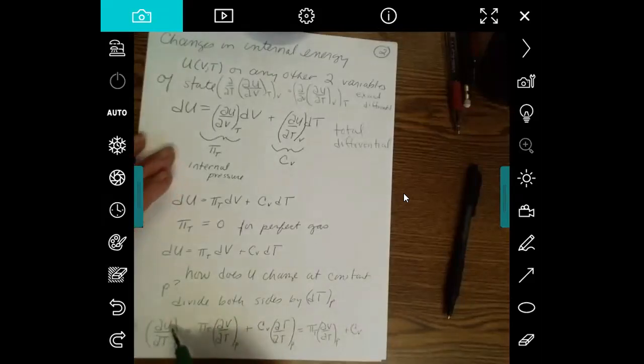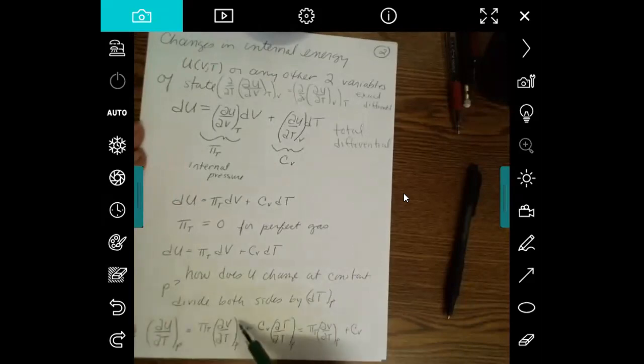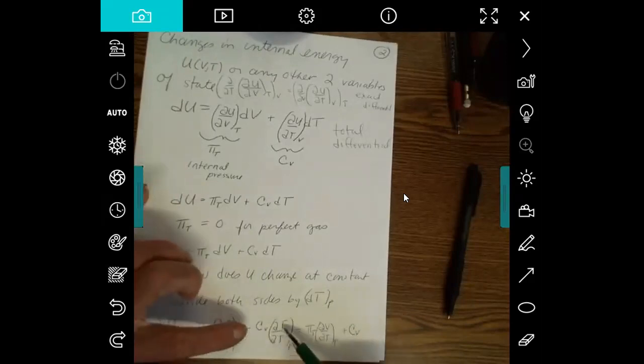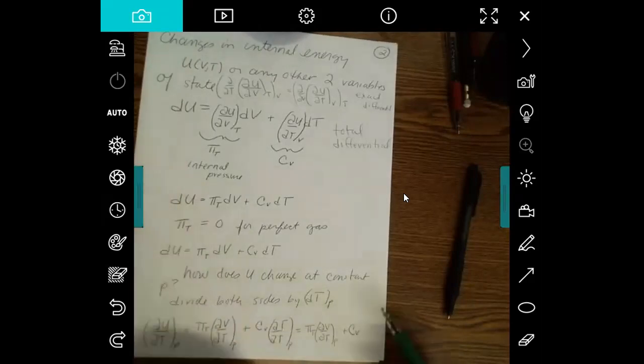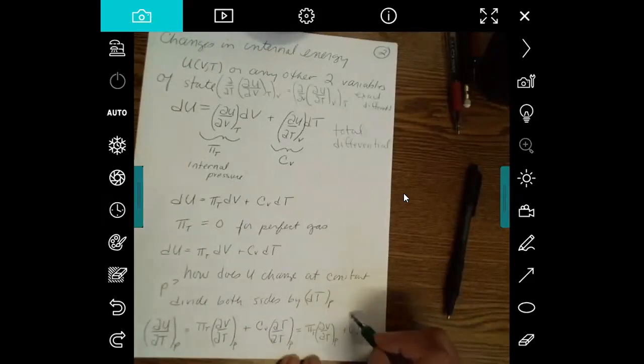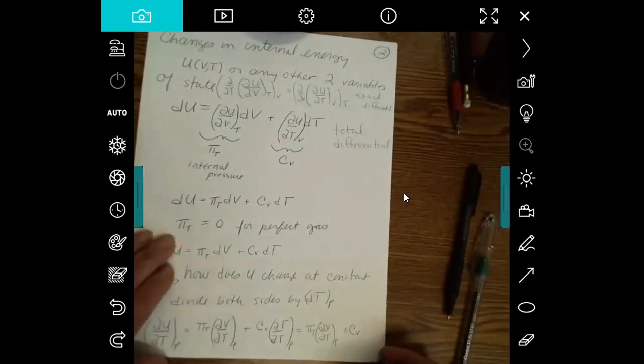When I do that, I get a measure on the left-hand side that tells me how internal energy changes with temperature if pressure is held constant. So it's going to be pi_T times dV/dT at constant p, and the change in T with a change in T is equal to 1. So you end up with this expression.